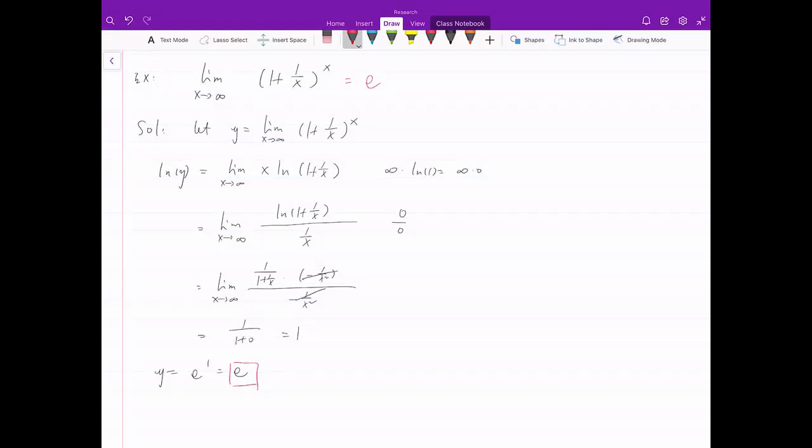All right. You have been told this fact a long time ago when you did compound interest. That is, when n goes to infinity, (1 plus 1 over n) to the n equals e. We never told you why. Finally, for now, you do have an answer. The limit is e, and you did it by L'Hopital's rule. Okay, from now on, anything like this, you will be able to do it by yourself.